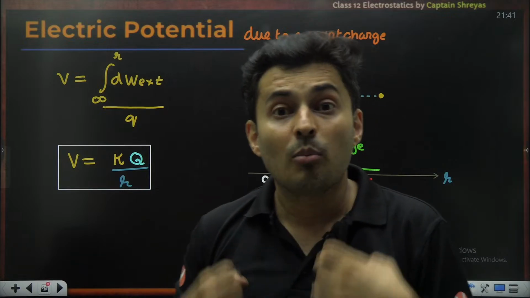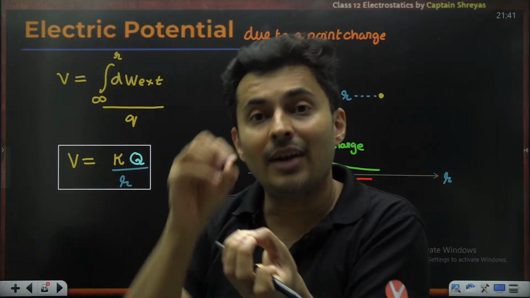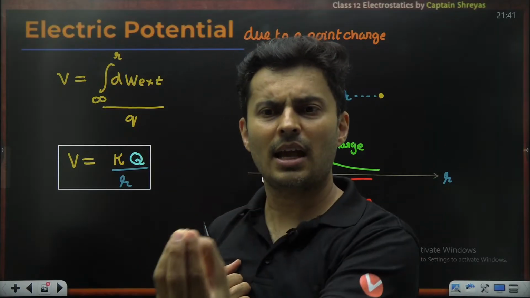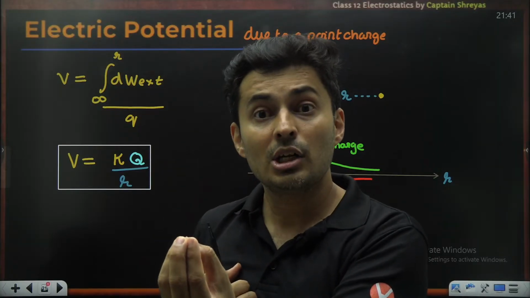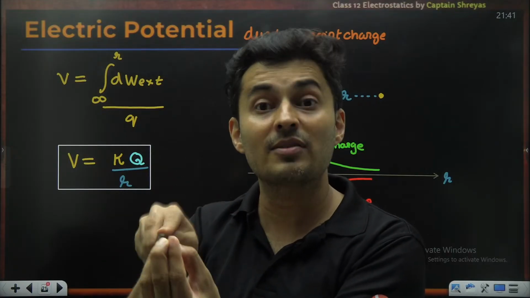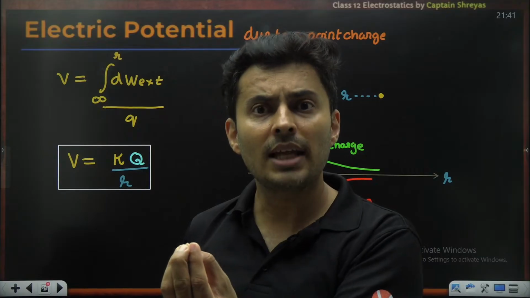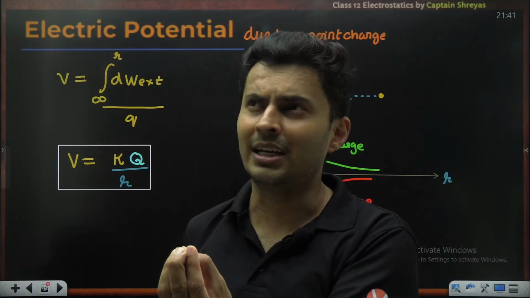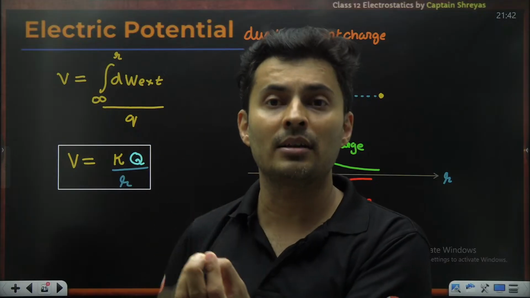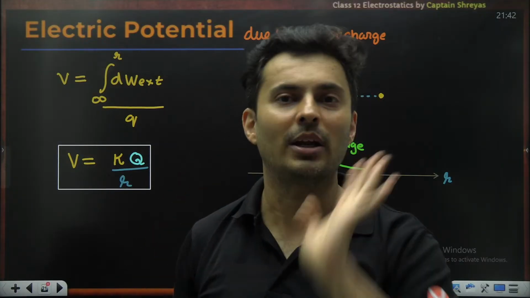I said potential is the ability to gain energy if I place something over there. So I am a charged body. Do I have potential here? Means, do I have the capability of gaining energy if something is placed here? I say yes. How much? 10 volts. 10 volts meaning 10 joules per coulomb. If you place 1 coulomb, you will get 10 joules. If you place 2 coulombs, you will get 20 joules. That is the meaning of potential.